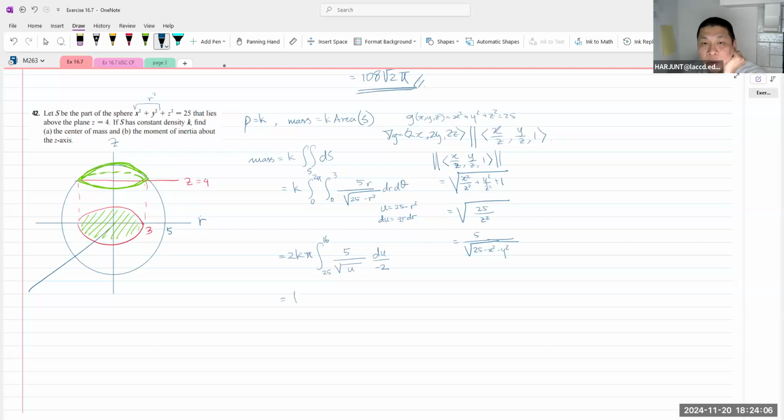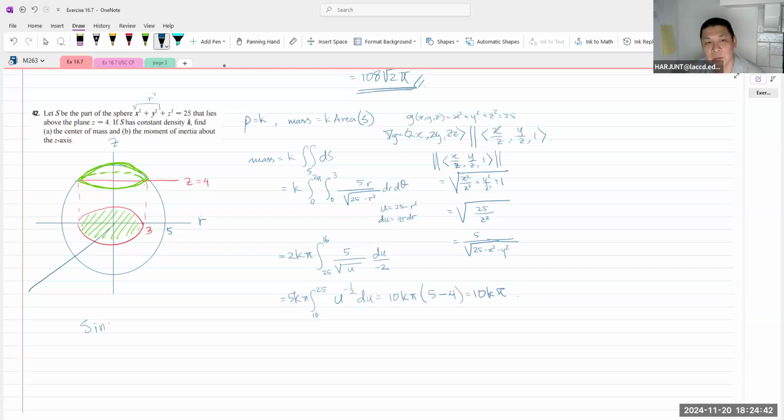Cancel the 2, reverse the limits of integration. Pull the 5 out. That's u to the power of negative 1/2 du, which is 2 times, so 10k pi u to the power of 1/2, so 10k pi. Okay, that's the mass.